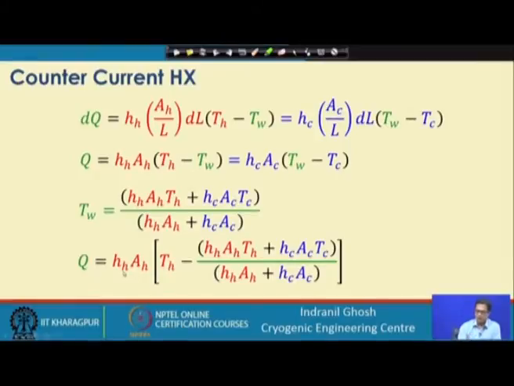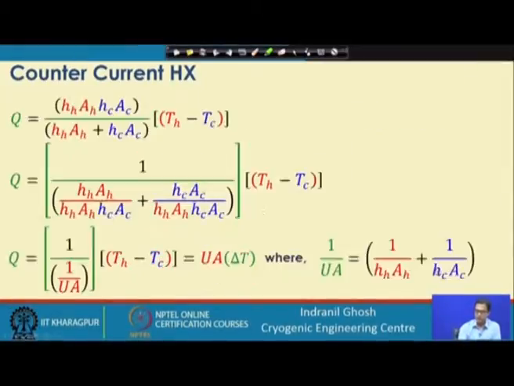And if we simplify this equation, you will find that this will look like h_h A_h h_c A_c divided by h_h A_h plus h_c A_c, and the difference between the wall temperature. This is nothing but delta T.